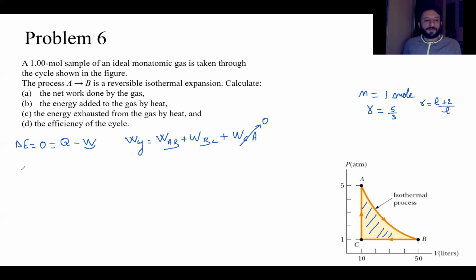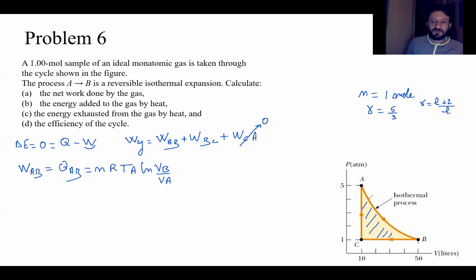In the case of AB, we have an isothermal process, so omega AB equals Q AB equals nRT, TA or TB, we have the same T, let's say TA, ln VB divided by VA.